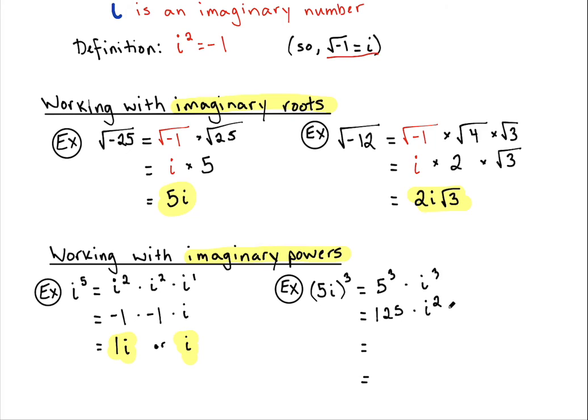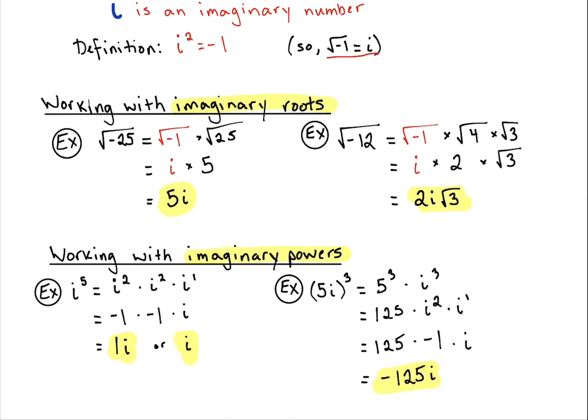So i cubed is just i squared times i to the 1. So my answer here is 125 times, we know that i squared is -1, times i, and I can simplify this to -125i. Woohoo! All right, weird.